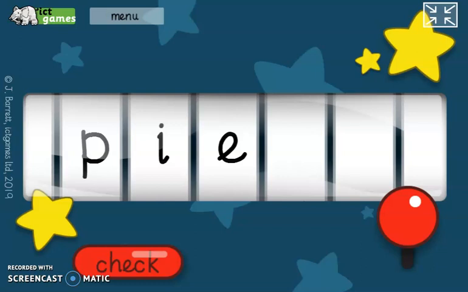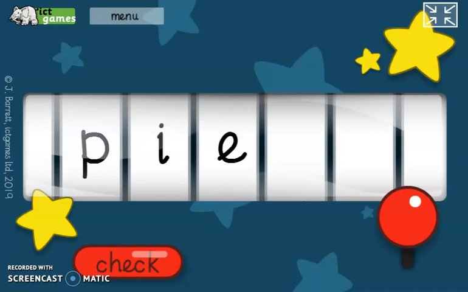So this is the last sound we are going to look at. So let's read this word. How many letters are in this word? 1, 2, 3. And how many sounds are in this word? 1, 2.